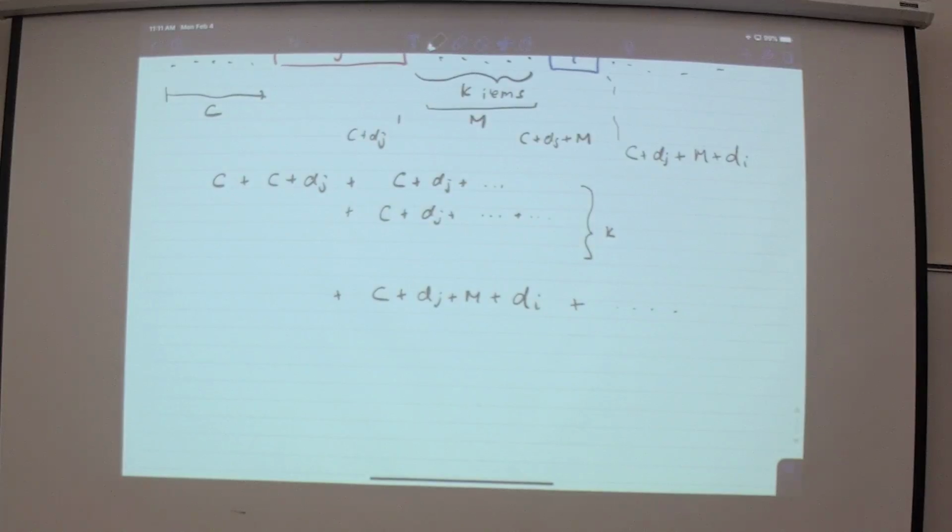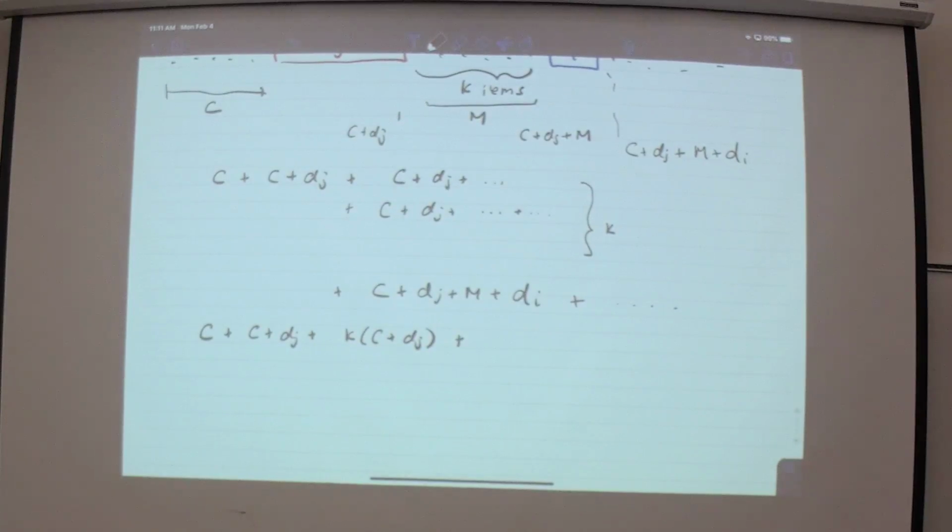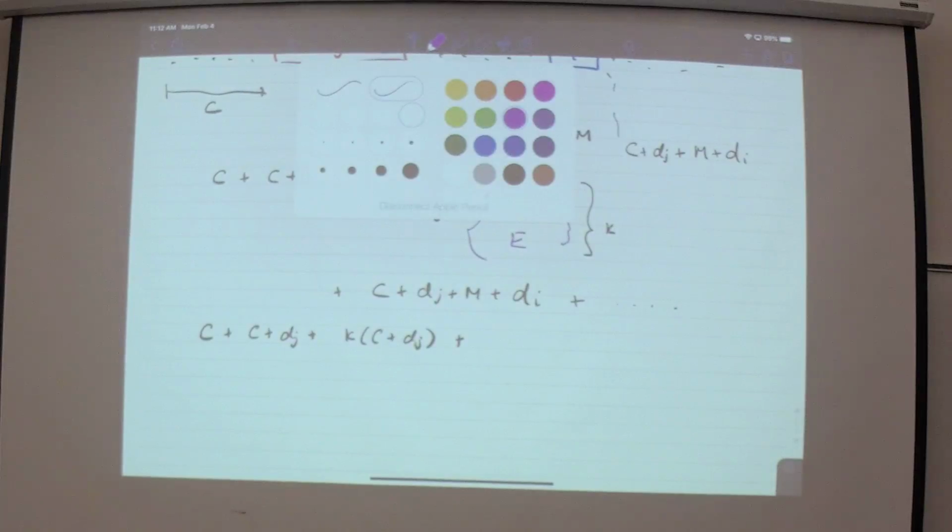So this can be rewritten as, let's see, C plus DJ plus K times C plus DJ plus a bunch of other things. Let's call this whole expression here, I don't know, any more letters? Okay, let's call it E. Doesn't really matter.